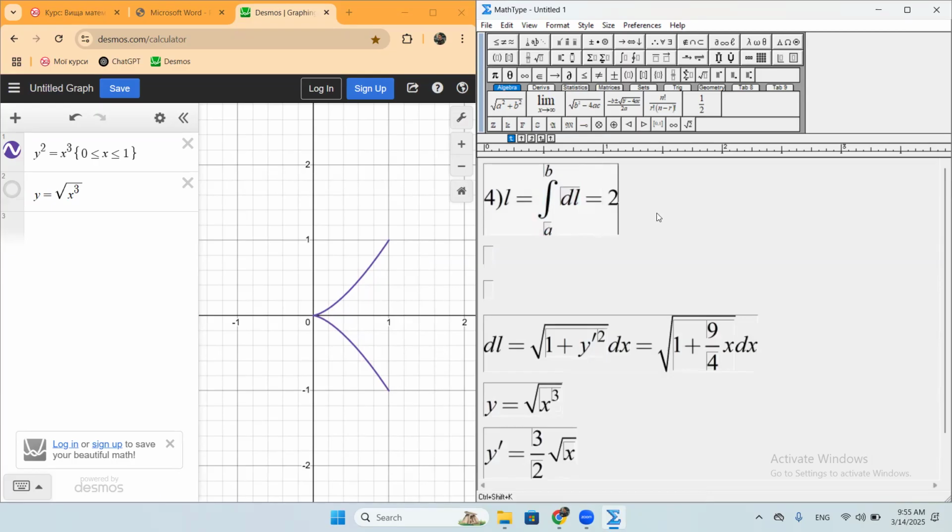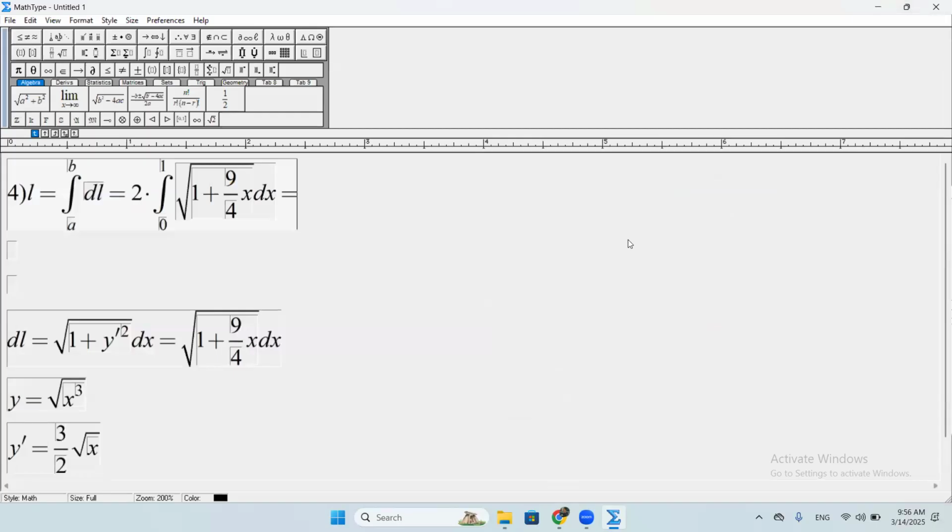We will have to calculate the following integral from 0 to 1, integrating this function by x, multiplied by 2 because we calculate only this segment, but this is symmetric, so we don't have to calculate two analogical integrals.